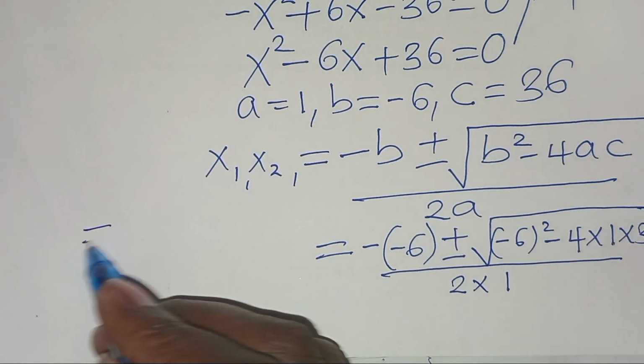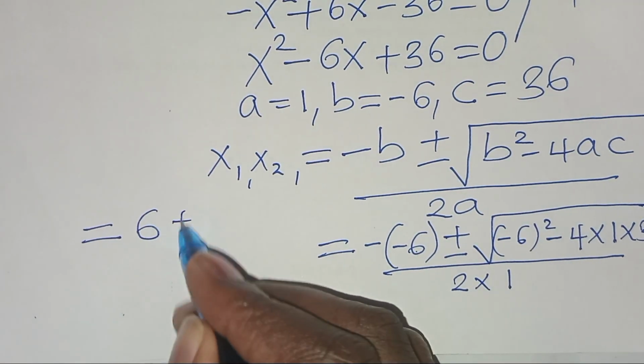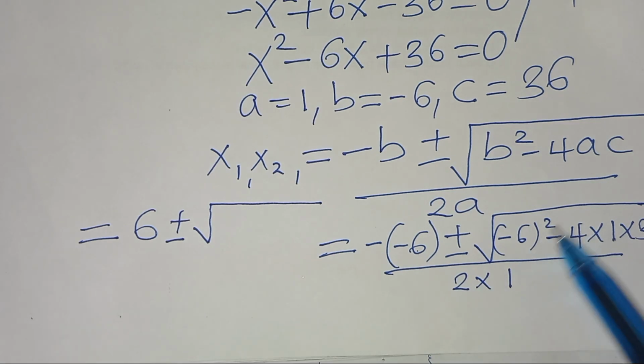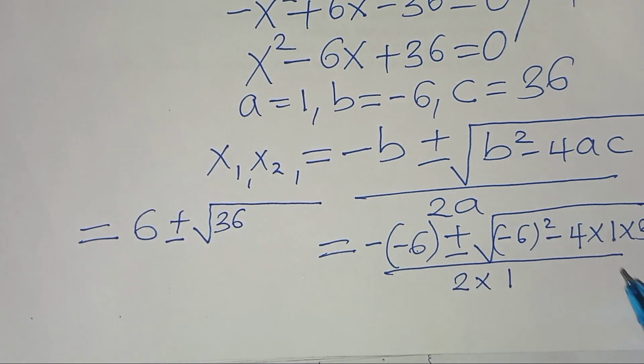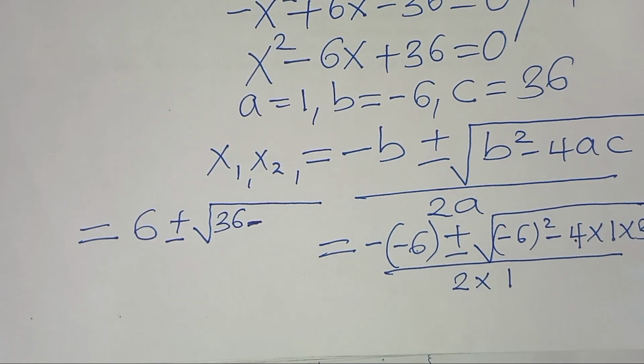Now here, we'll have negative times negative 6, which is 6, plus or minus the square root of negative 6 squared, which is 36. Now, subtract 4 times 36.